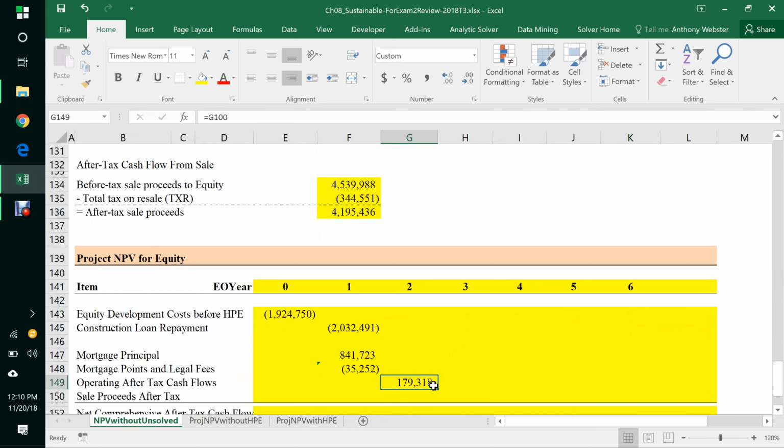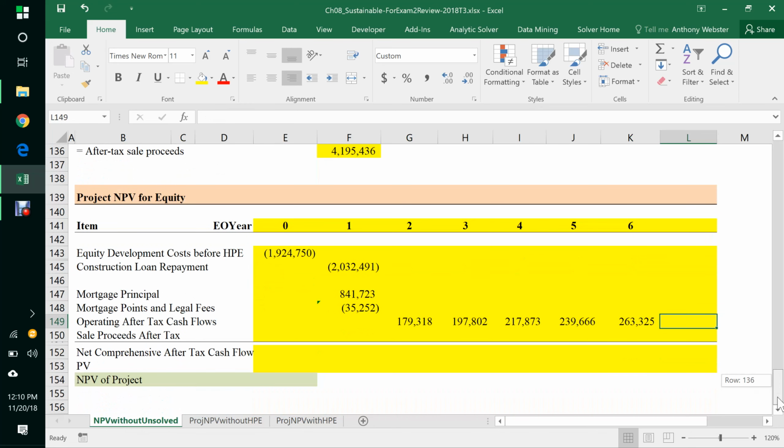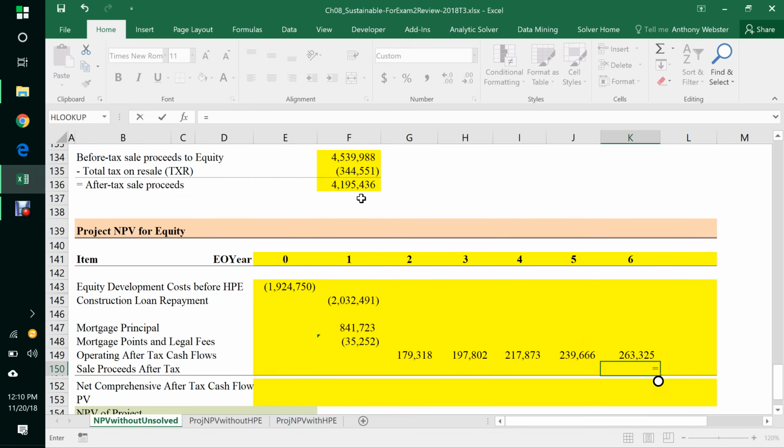I should be able to bring this out to year 6 and even to year 7, and I should find nothing in year 7, which gives me more warm and fuzzy feelings that I've got everything lined up right. And the sale proceeds after tax: we're assuming they just sell that thing instantly at end of year 6, or like the first day of year 7, which is close enough to say end of year 6. So we want the net after-tax sale proceeds here.